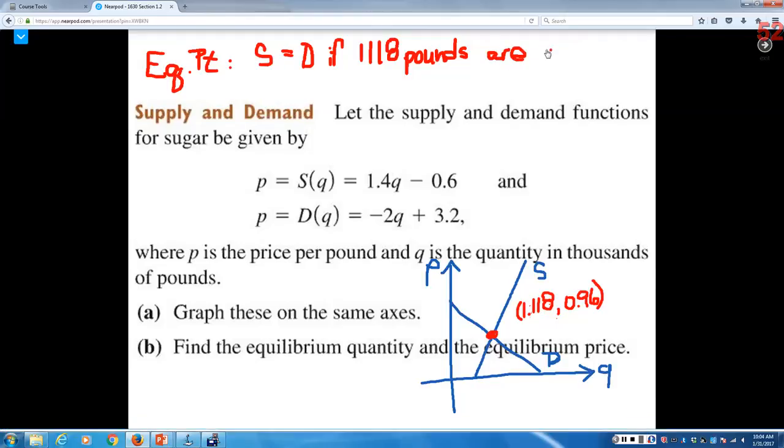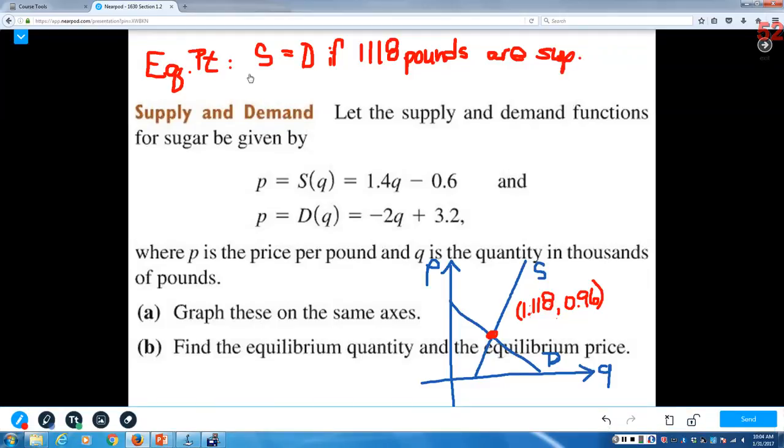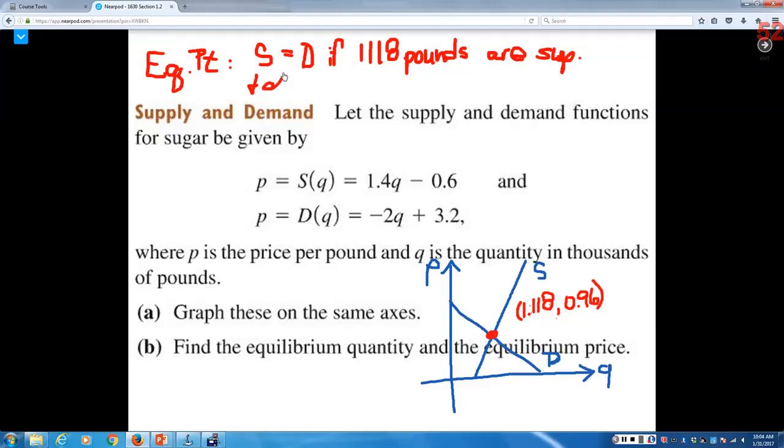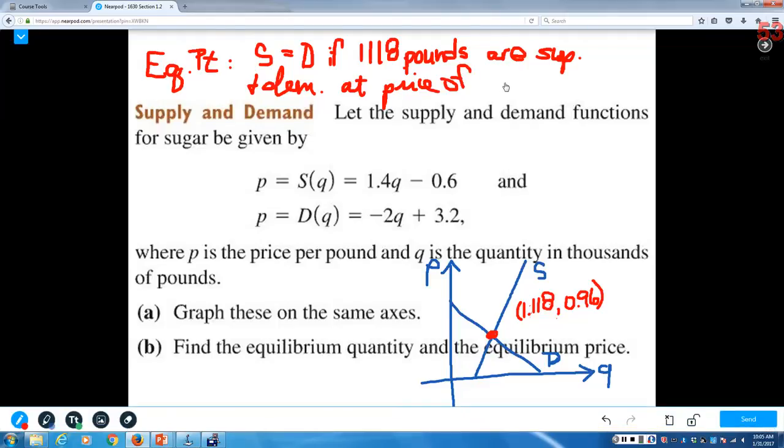Are supplied and demanded. And I'm going to abbreviate because I'm going to run out of room. At a price of 96 cents per pound.